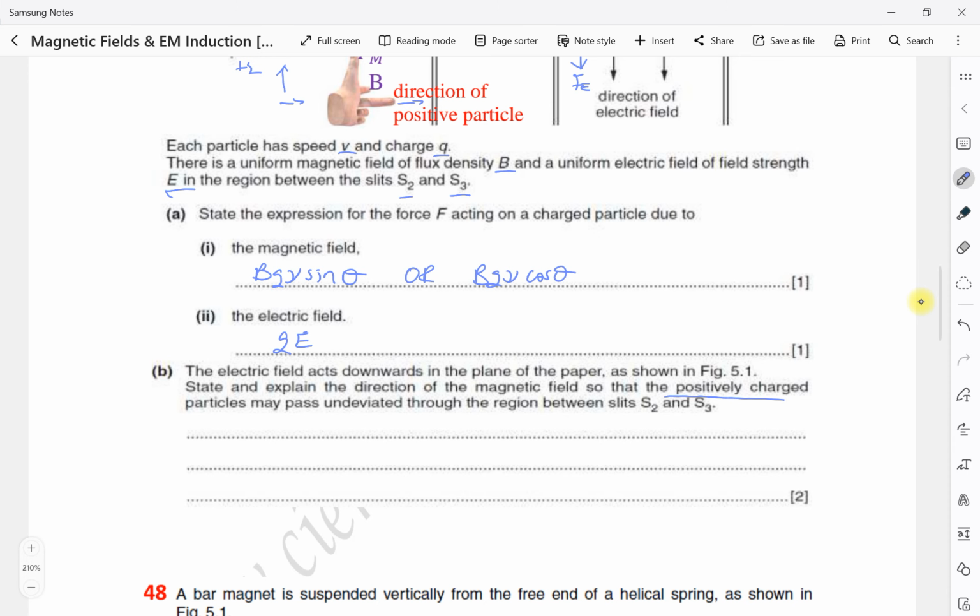I will start the explanation by saying that the electric force on a positively charged particle is in the same direction as the electric field.